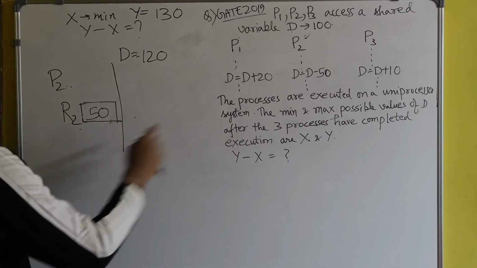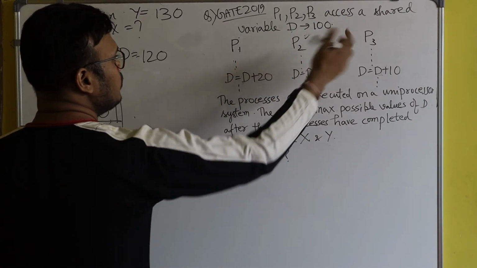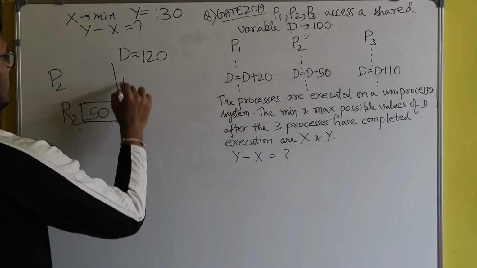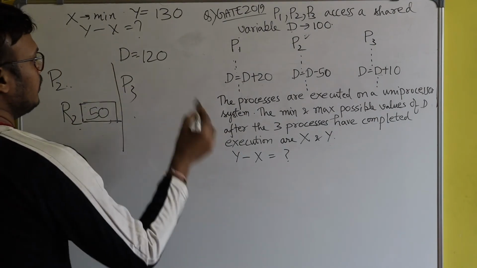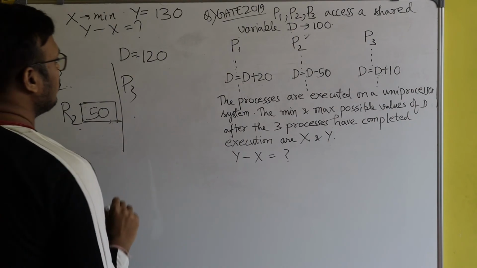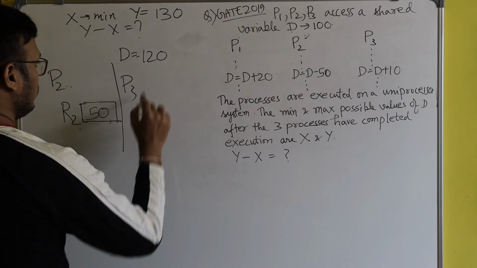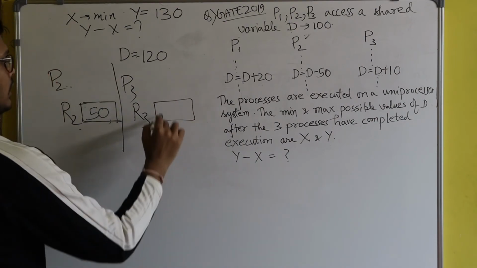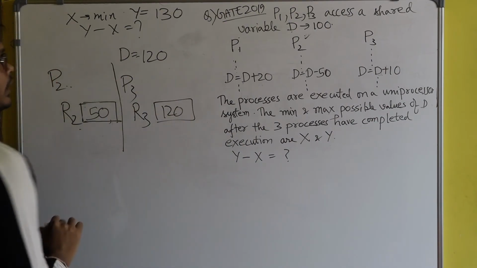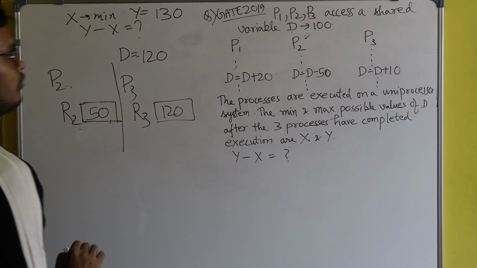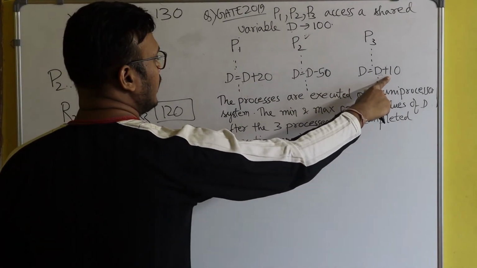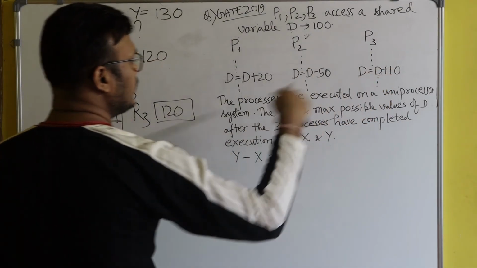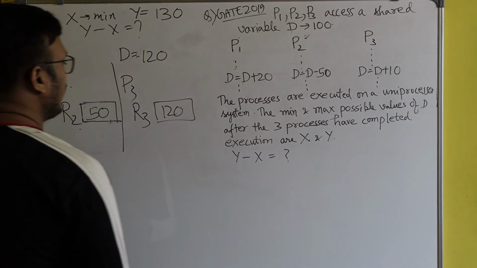But before P2, suppose the CPU is given to process P3. So what will process P3 do? P3 will read this updated value 120 and keep it in register R3. So R3 contains 120, and now P3 will increment the value of R3 by 10.